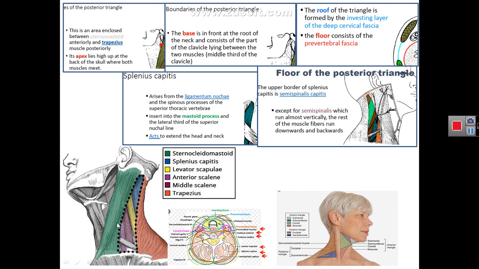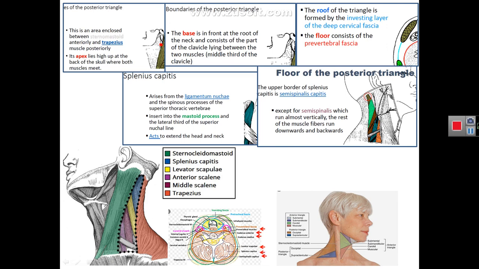So this gap between sternomastoid anteriorly and trapezius posteriorly is filled by the roof, which is formed by investing layer of deep cervical fascia. So the roof is formed by skin, superficial fascia, and investing deep cervical fascia.